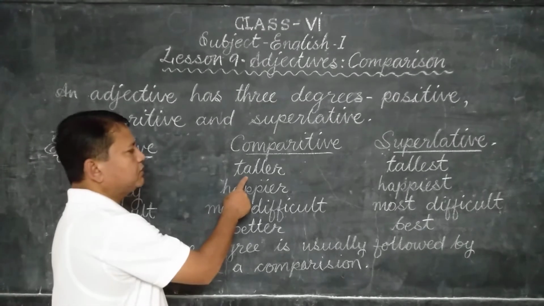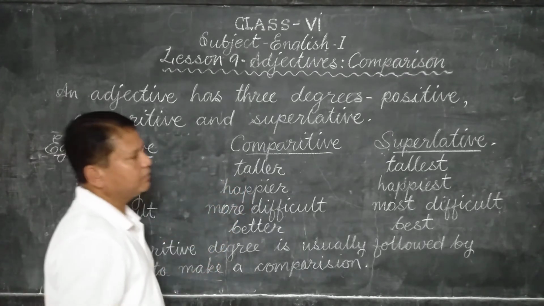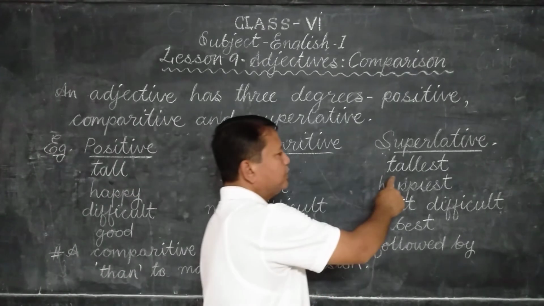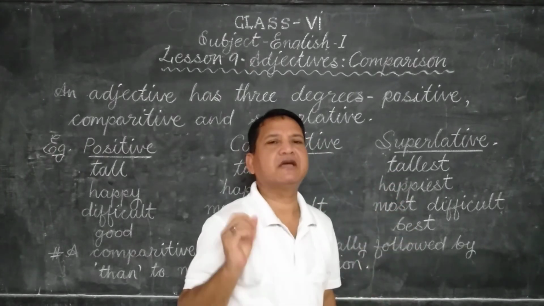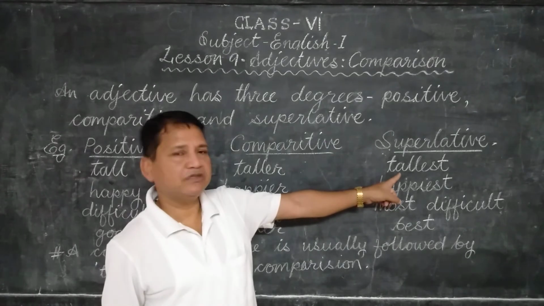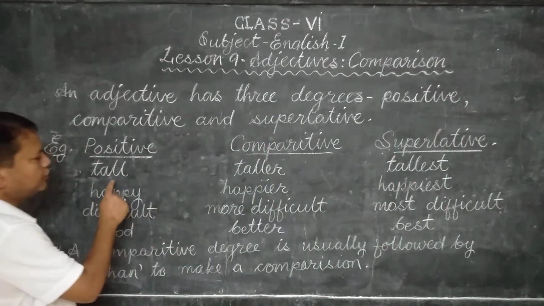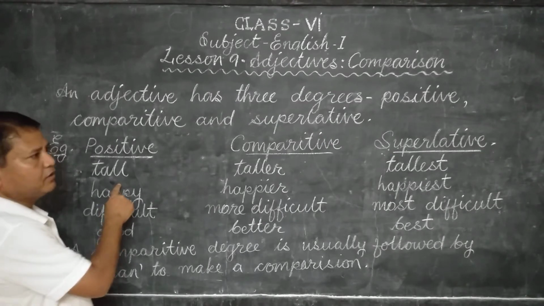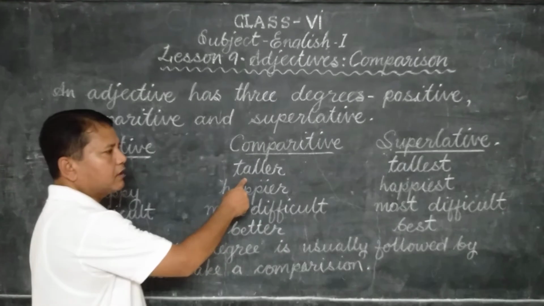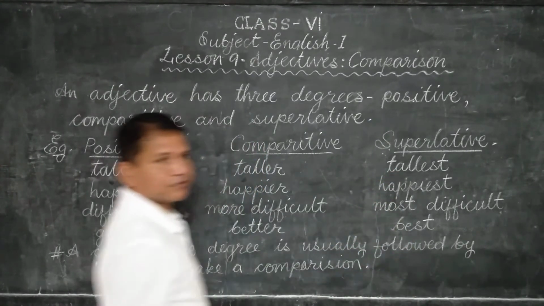Narayan Juju is taller than Kanak. I have talked about Narayan Juju and Kanak. Then Narayan Juju is the tallest boy in the class. In the class there are so many boys. But Narayan Juju is the tallest. Got the point?